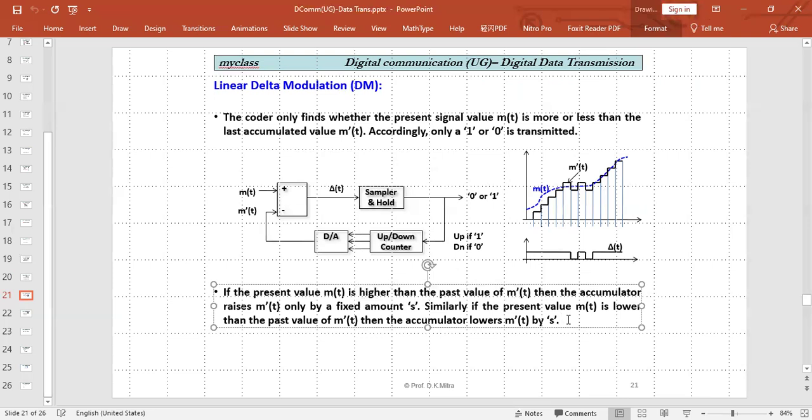Now here you must have already guessed that if the signal variation is very fast, that means the signal is going high very fast or going low very fast. If you have that kind of a signal, you have to first study the signal. Like a doctor, he first studies the patient, then he prescribes the medicine.